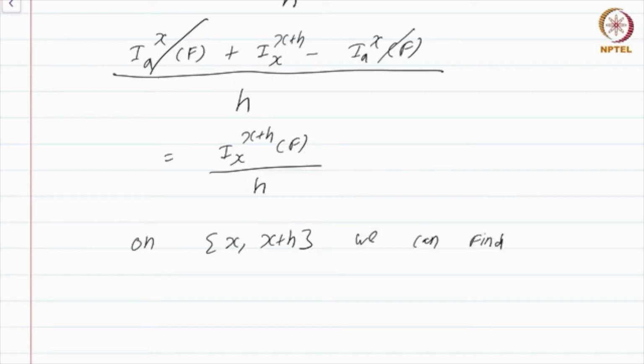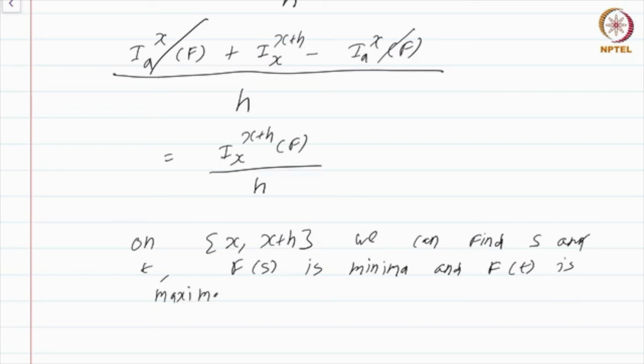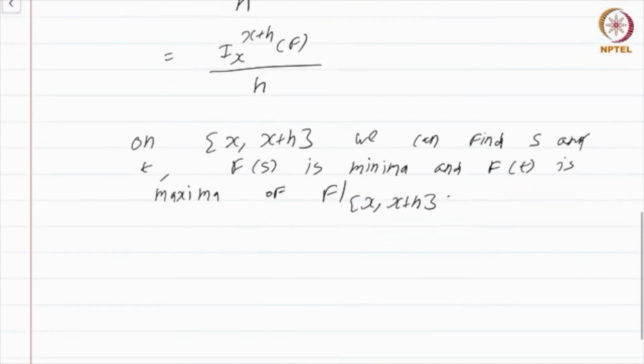We can find, let's say, s and t such that f of s is the minimum and f of t is the maximum of f restricted to this closed interval. On any closed interval, continuous functions attain maxima and minima. I am just choosing the corresponding points to be s and t. So, what does this mean?